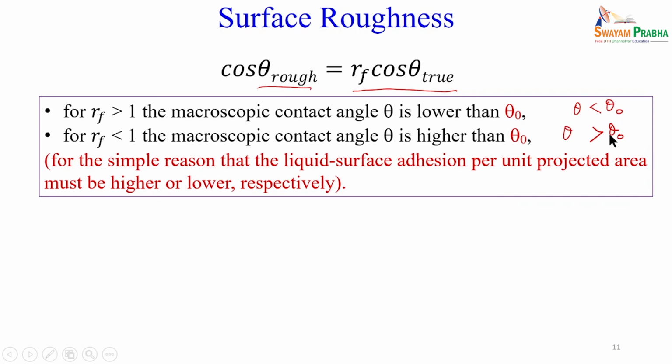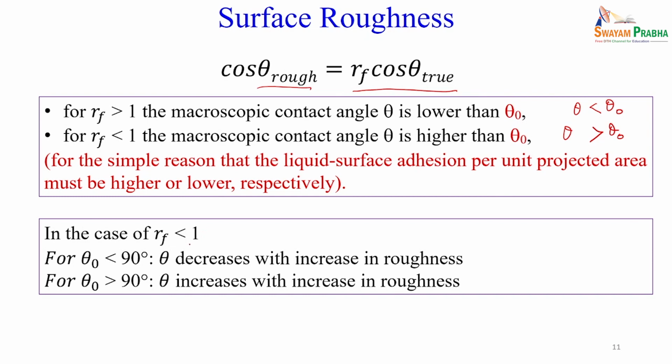So, what it says is that the liquid-solid adhesion per unit projected area can be higher or lower depending on the roughness factor. It can be tuned by tuning the roughness factor. We will see how a surface can be made more hydrophilic or more hydrophobic with the same chemical nature by simply tuning the surface morphology or roughness.